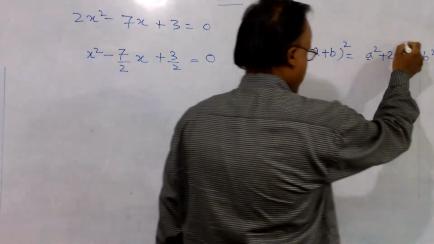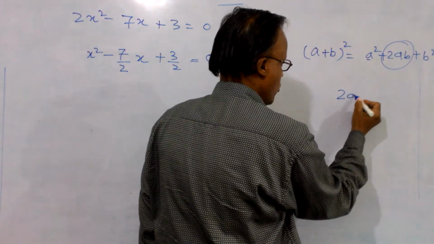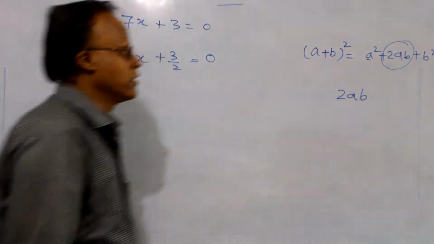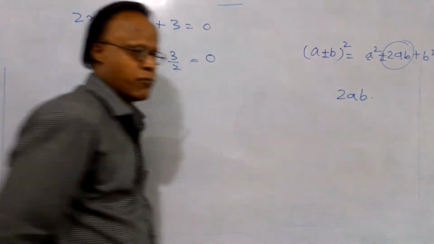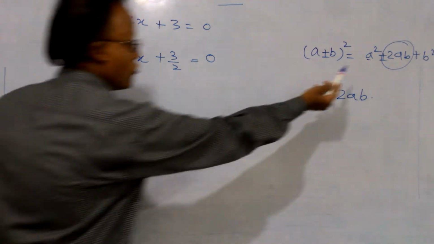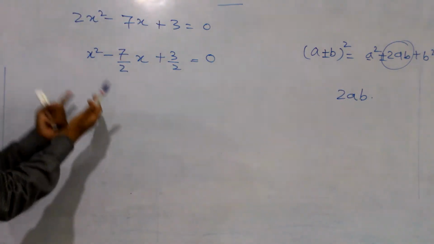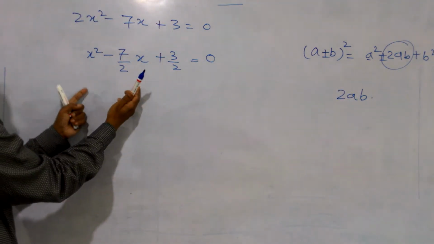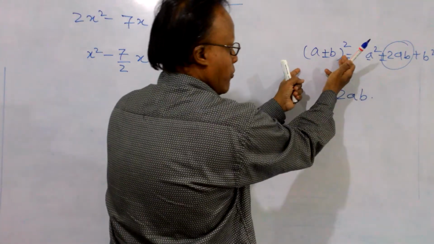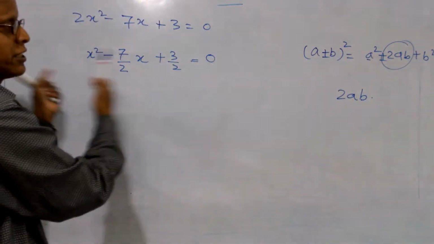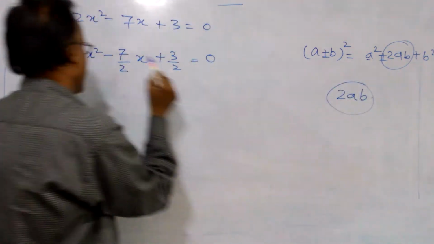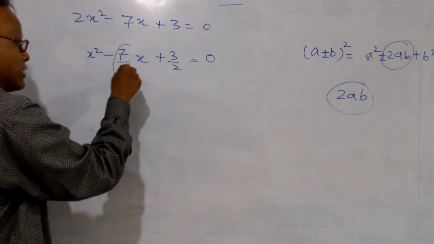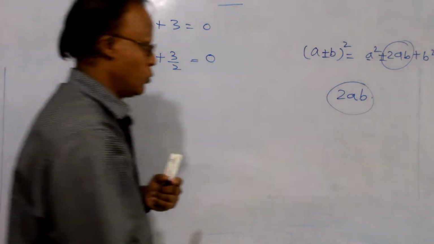Now the middle term is 2ab. If it is plus, then plus whole square; if minus, then its term is minus. To compare these two expressions, our aim is to convert this right hand side in the form of a whole square. So we rearrange the given equation. If you compare this 2ab, here this value is 7 by 2.